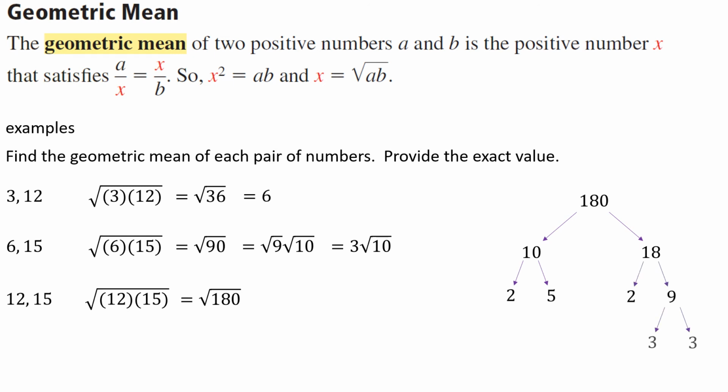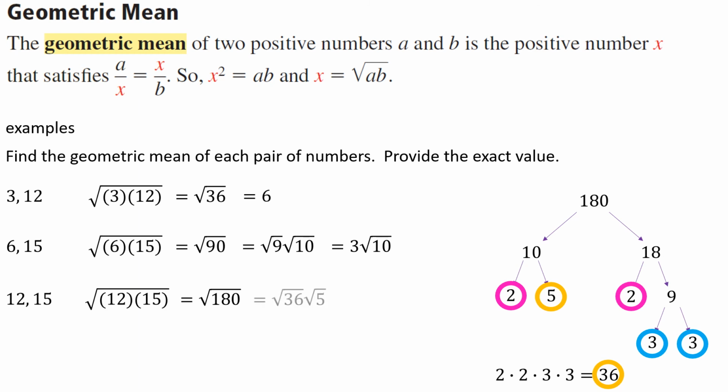And if I complete my factor tree, I can then say, aha, I've got a pair of 2s, a pair of 3s, and a leftover 5. Now 2 times 2 times 3 times 3 is 36. That's what paired up. So 36 times 5 is what I'm going to use, because the square root of 36 is plain old 6.